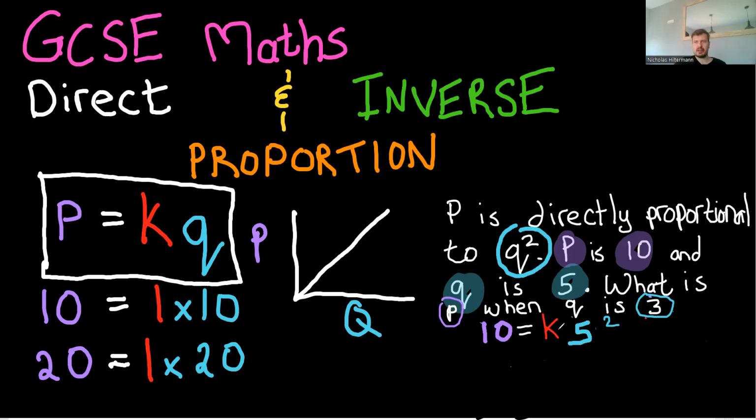We sub in our initial values of P and Q. And so we get 10 equals K times 5 squared. 5 squared is 25. So we have to divide by 25 on both sides to get K.